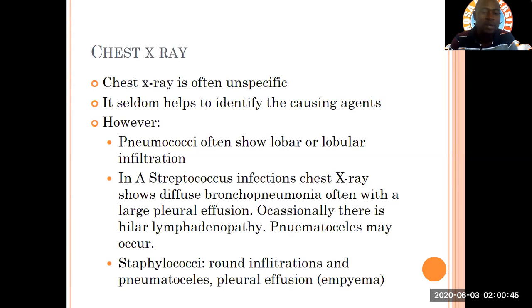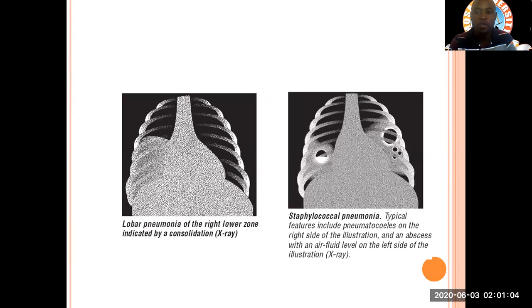Something else that you would see is hilar lymphadenopathy as you look at the chest X-ray. Also, pneumatoceles may be present. But if it's staphylococci, you find that there is a presence of round infiltrations and pneumatoceles, where you may also find pyopneumothorax and empyema.